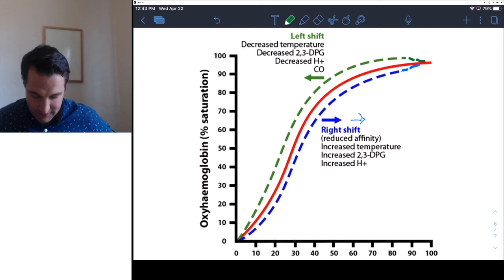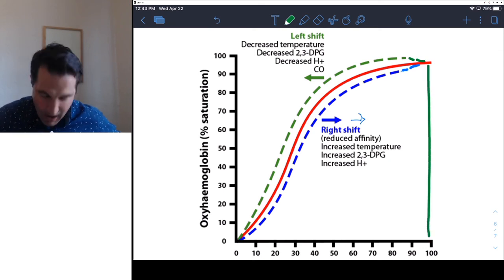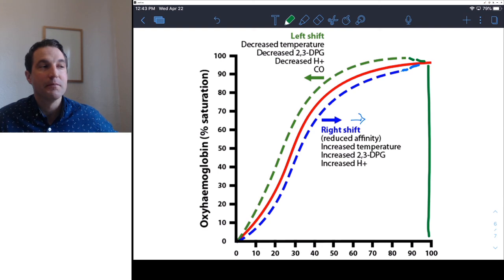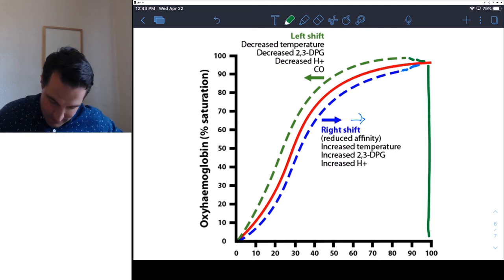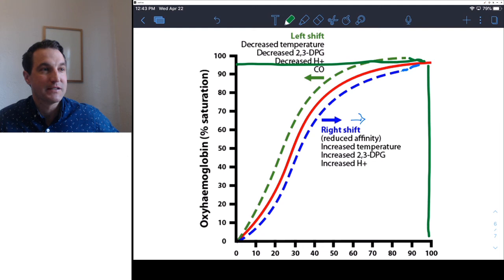This reduced affinity doesn't happen at the lungs. The importance of that is, when you are trying to saturate your hemoglobin with oxygen molecules, there's going to be no difference. You're still going to get that 98 to 100% saturation in all of these cases.